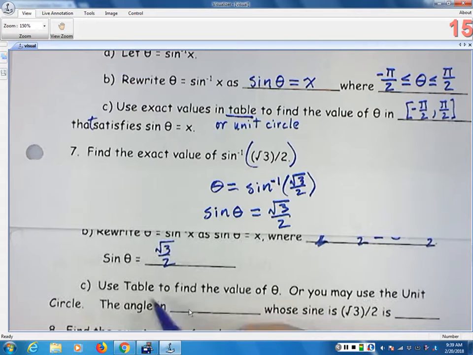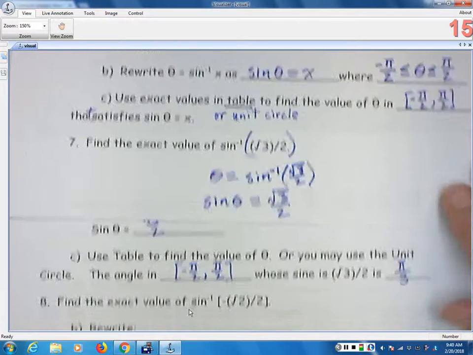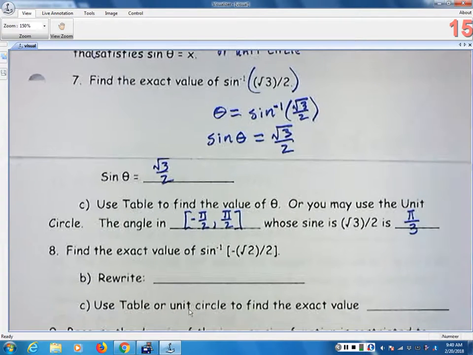So we use the table or the unit circle. The angle between minus pi over 2 and pi over 2 whose sine is square root of 3 over 2 is pi over 3. We looked it up. So what makes it not 120 degrees, or 2 pi over 3?